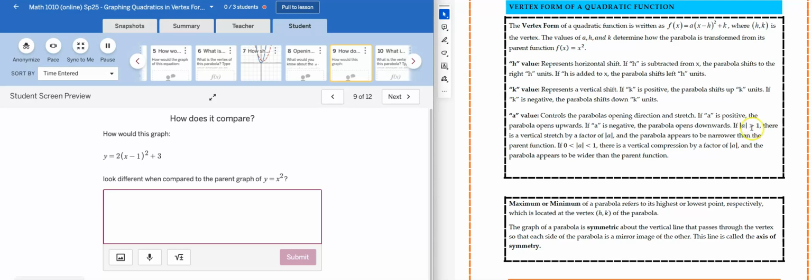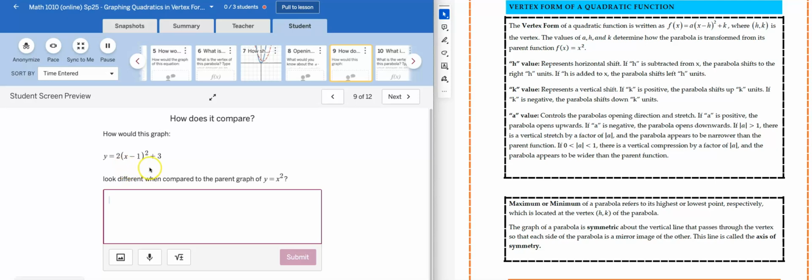So we said when it's bigger than 1, it's going to become more narrow. Okay. And I'm going to go back to a graph so you can kind of understand what we're doing here. But that's making it skinny by a factor of 2.